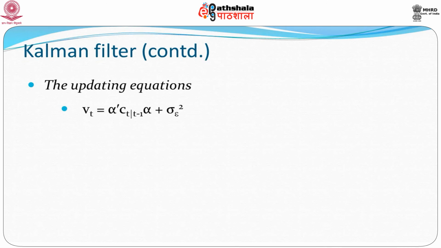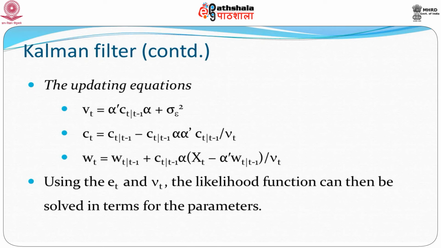And then you have (I, alpha) times the inverse of the dispersion, and then the y vector, which is the response vector, Wt given t minus 1 and xt.